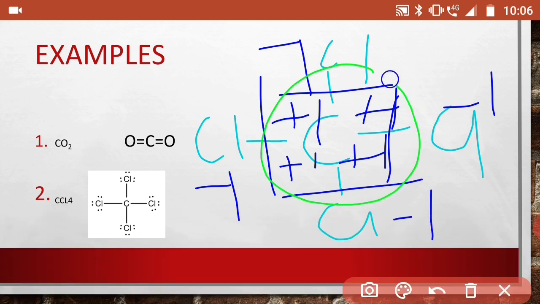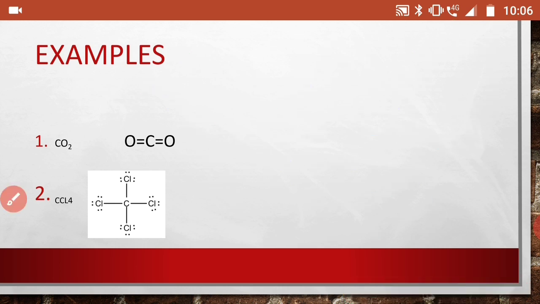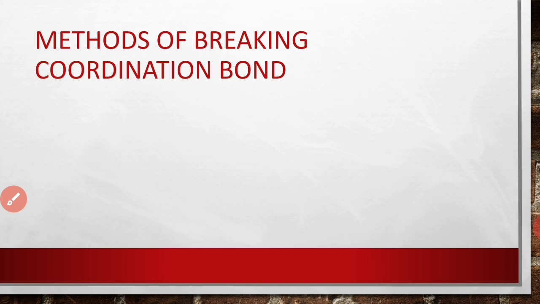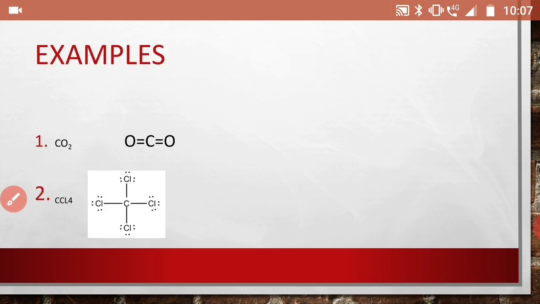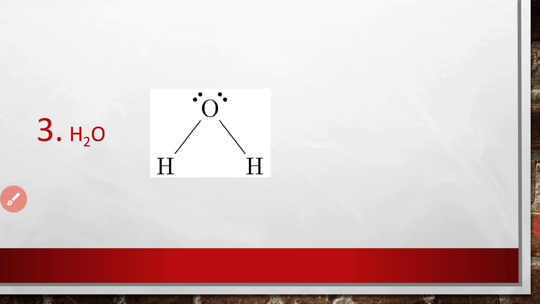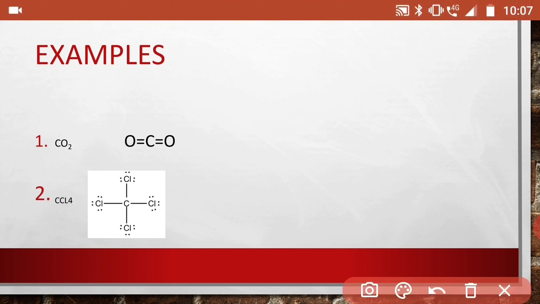The overall charge carbon gained is plus 4 and chlorine minus 1. So from here we can say carbon has plus 4 oxidation state and chlorine has minus 1 oxidation state.